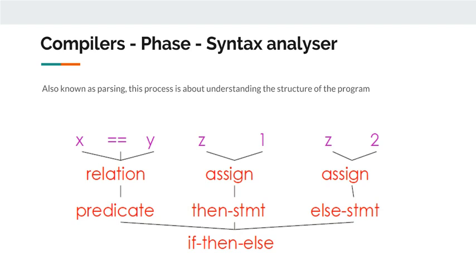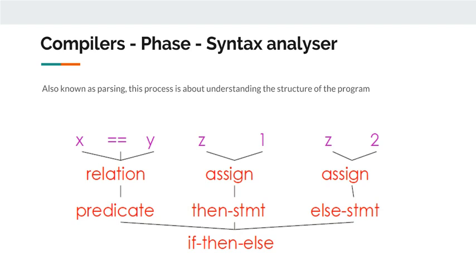So coming back to our source code, the syntax analyzer ends up giving us a tree. This is mostly because of the way programming languages are structured. A tree is the best data structure that we can use to represent them. So you end up with this kind of tree, where if x equal y is a relation, which ends up being a predicate.